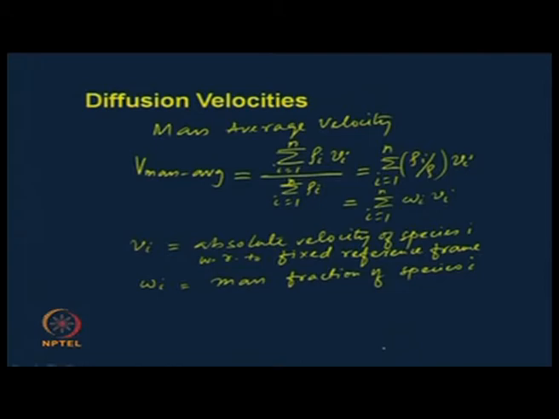Now, the molar average velocity we can define as V mole average is equal to summation over i equal to 1 to n of Ci Vi divided by summation over i equal to 1 to n of Ci.